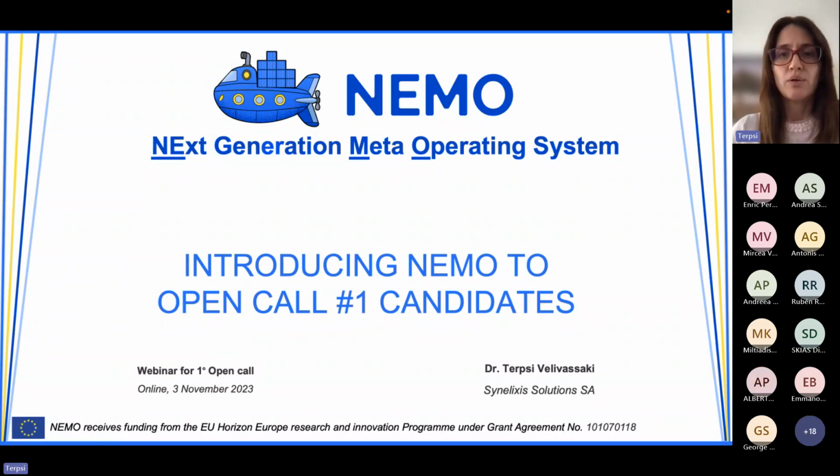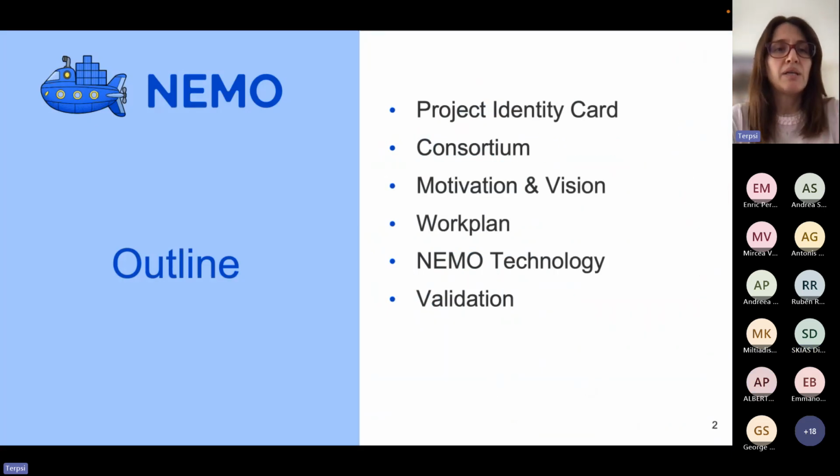Thank you. So I will give you a general overview of the NEMO project, starting by the project identity card, present the consortium, our motivation and vision for this project, the work plan in order to bring this into life, and then some details about our technologies, and finally the validation activities planned in the project.